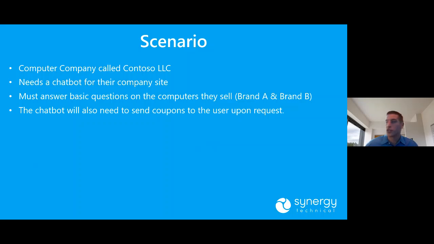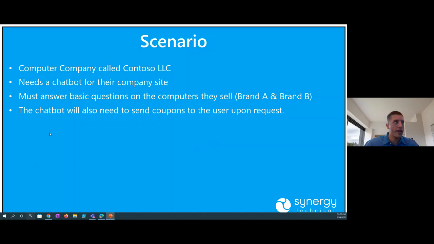In this scenario, we have brand A and brand B, and we want to be able to give the user information about these brands. There's one other requirement I wanted to add: we want to be able to send the user coupons if they request some. This is actually going to involve using Power Automate. We'll do that towards the end of building our chatbot.